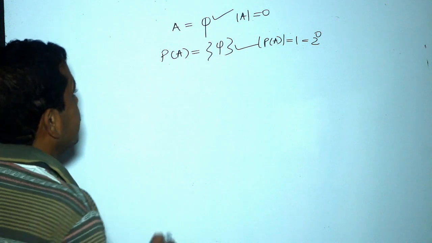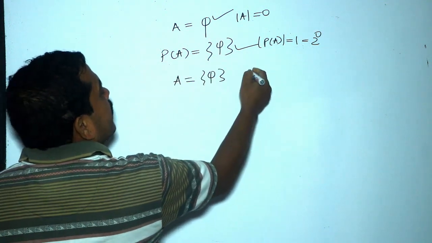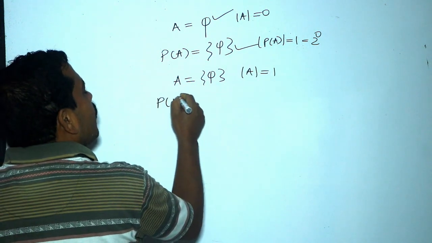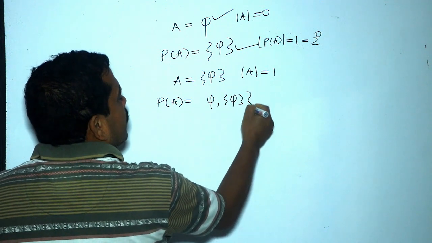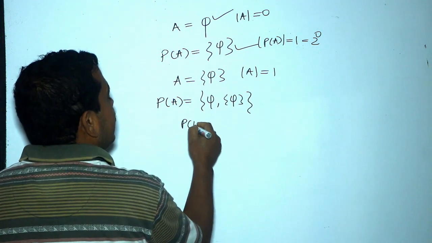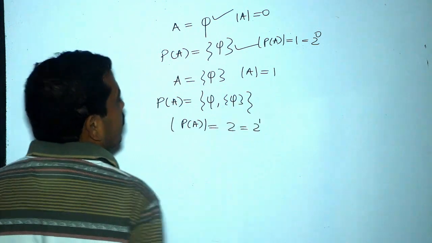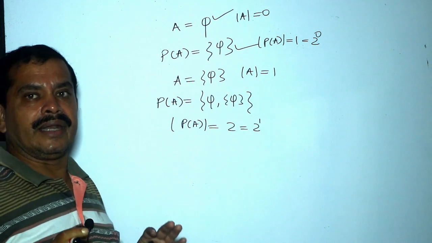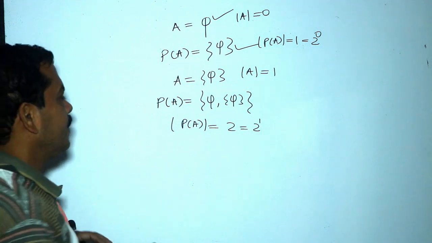If A equals {5}, here the cardinality of A is 1, but the power set of A is {phi, {5}}, so its cardinality is 2, that is 2 to the power 1. So in general, if the cardinality of A is n, then the cardinality of the power set of A is 2 to the power n.